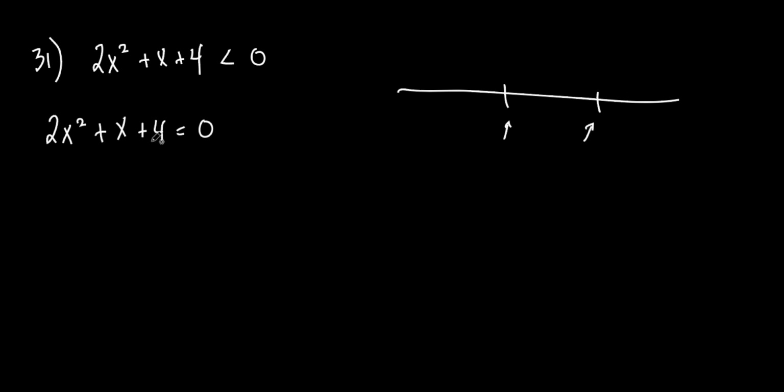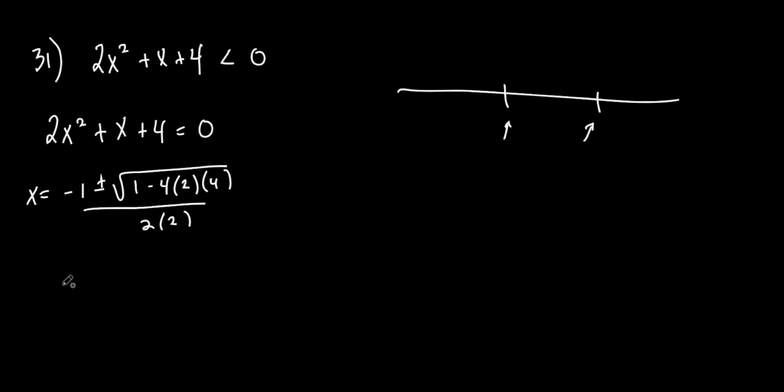So you could try to factor it if you want, but if you're not really sure and you don't want to sit there and try a whole bunch of things, you could always use the formula, right? So let's just do that. So x equals negative b, which is negative 1, plus or minus the square root of b squared, which is 1, minus 4ac, 2 and 4, and that's over 2a, or 2 times 2.